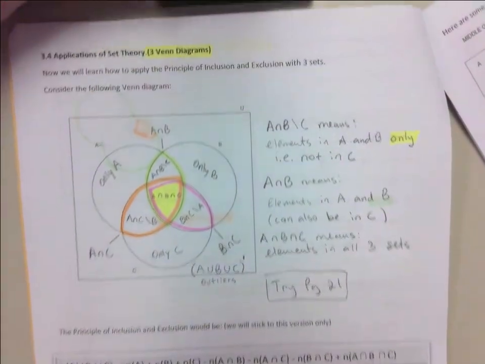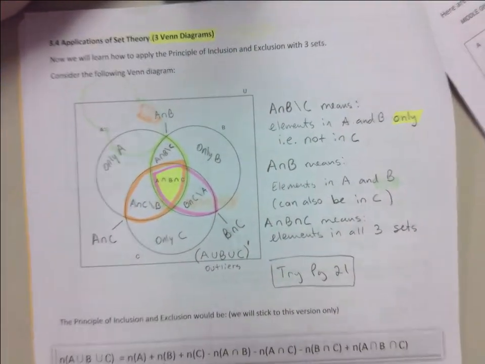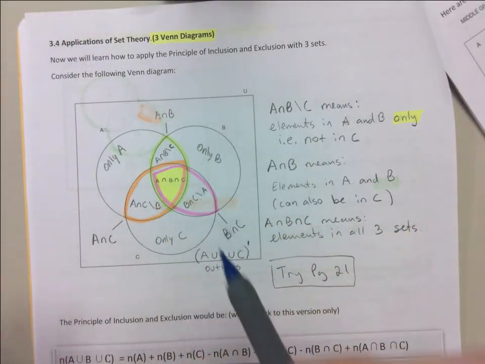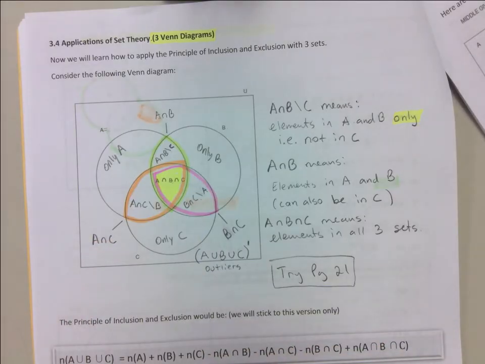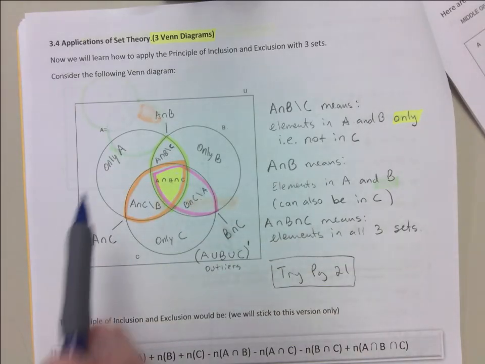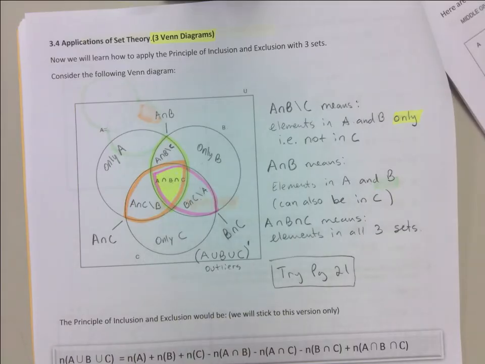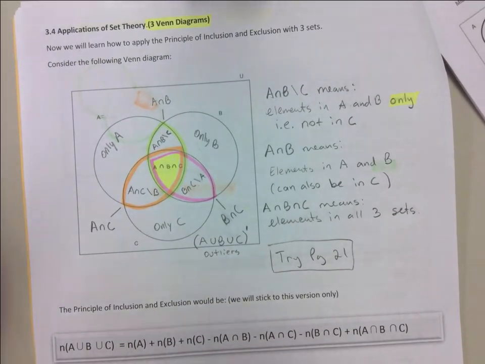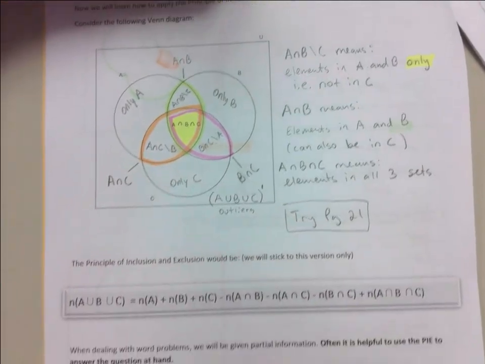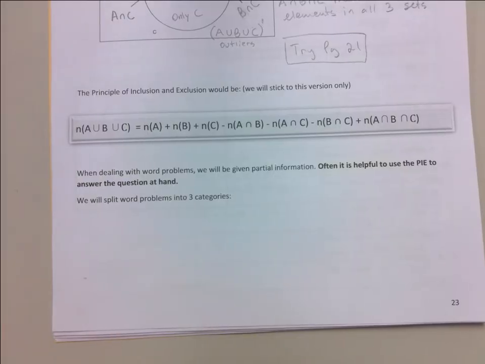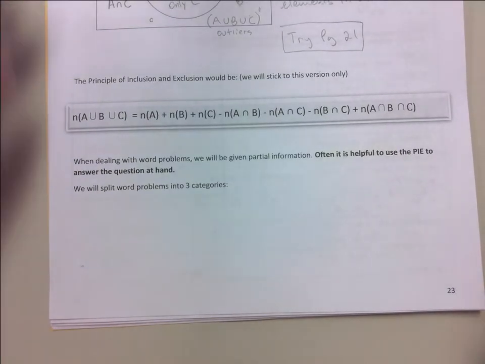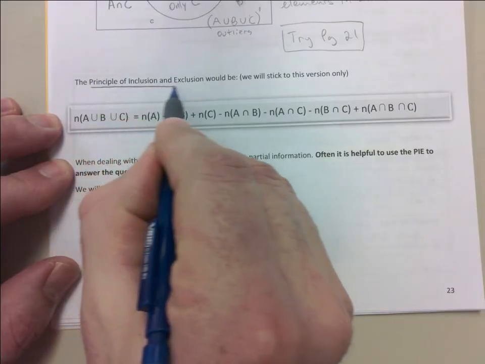So on page 23, we talked about the different regions, and we talked about the notation and the keywords that give away the fact and tell us where to put them, right? That's going to be very important to know where to put the numbers, okay? Now, I need you to have this formula. I know it looks very ugly, but this is the principle of inclusion and exclusion.